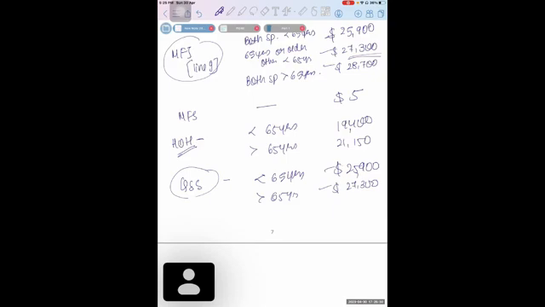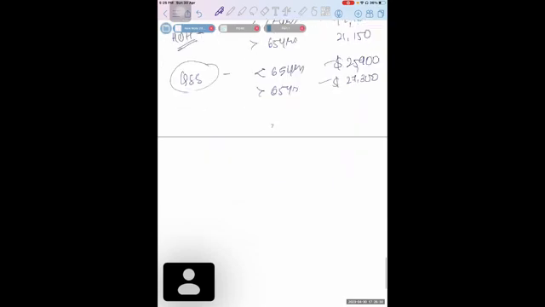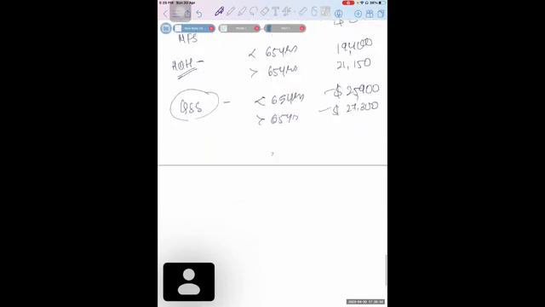There is one more thing which we need to consider here, which we will take in the next session. That is about if a person is blind. Then there are some different standard deductions.